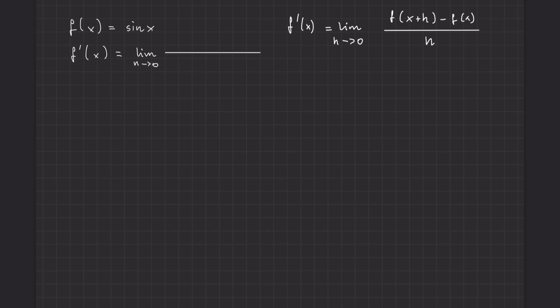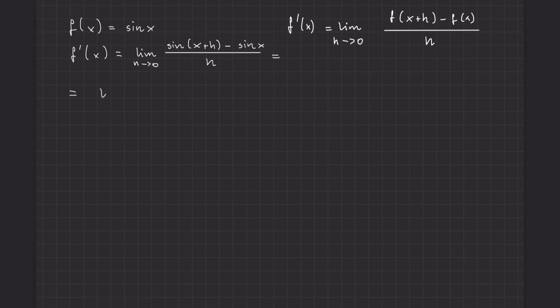And now we will be changing the x for x plus h, the same as in the previous example, the same principle, minus sine x. And we are dividing by h.